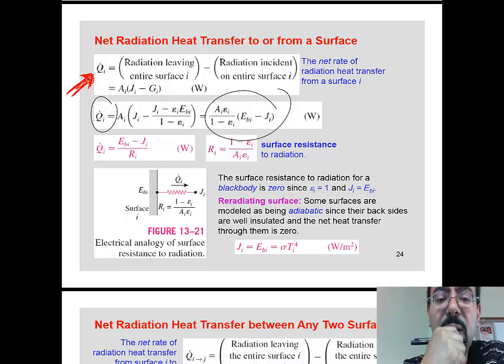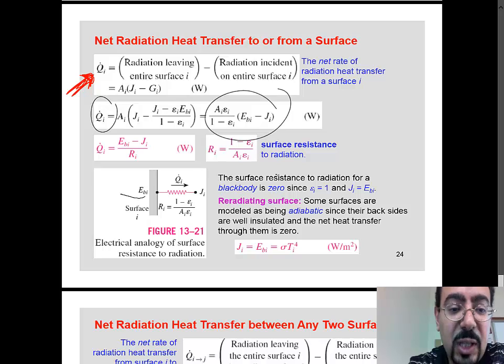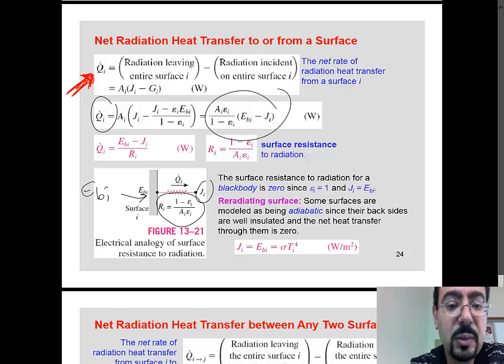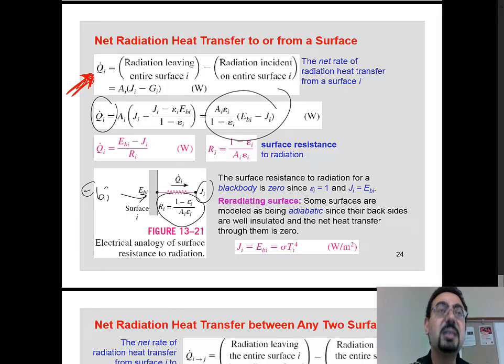So graphically, how can we show this? We can imagine that the surface has EBi, and then it sends to the wall Ji, and the difference between Ji and EBi is this resistance, the surface resistance to radiation. Every surface that's not a black body has this surface resistance to radiation.